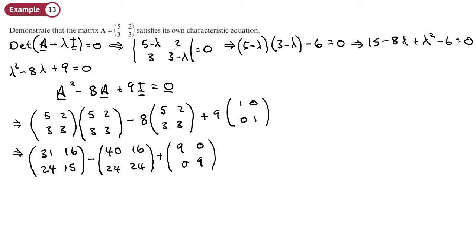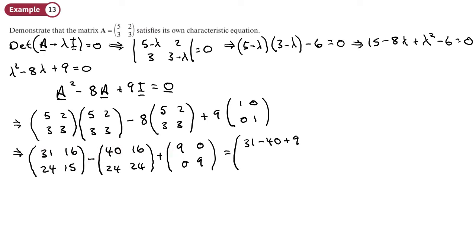So let's see what that gives us. I'll write the calculation for each element. For the first element, it's going to be 31 minus 40 plus 9. You can see it's just the first elements there.